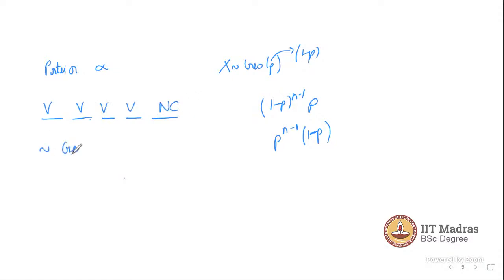If P is the probability the person is vaccinated, 1 minus P is the probability that the person is not vaccinated. In this case, our success is defined as the person who is not vaccinated. So I will take my parameter here to be 1 minus P.